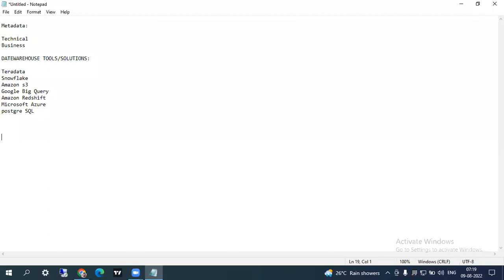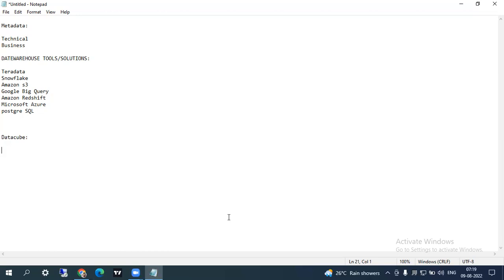The next is data cube. Before going to the data cube, what do you understand by a flat file? If I say flat file, what do you understand? No idea.